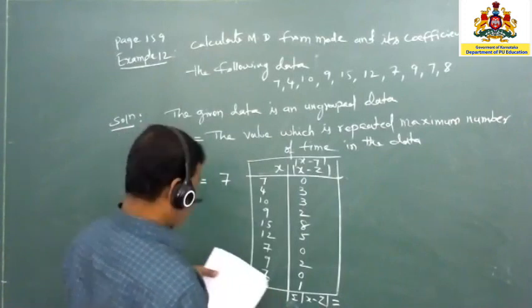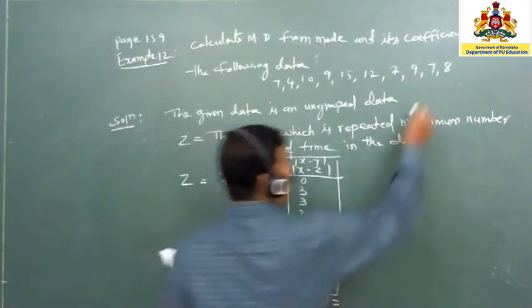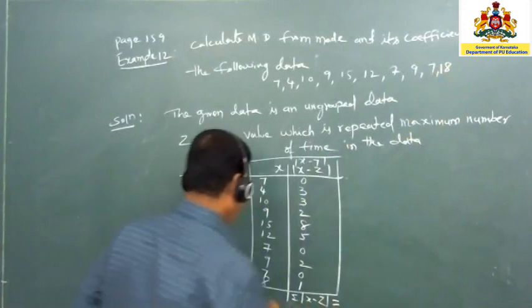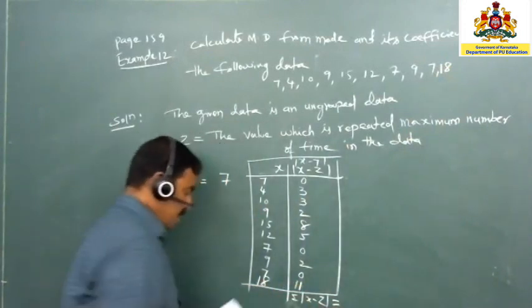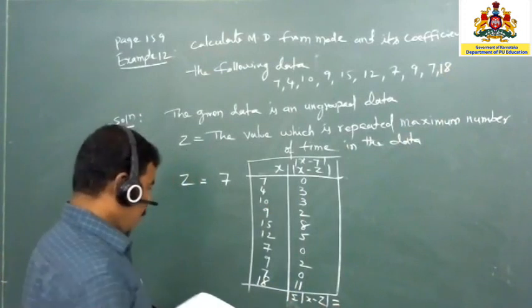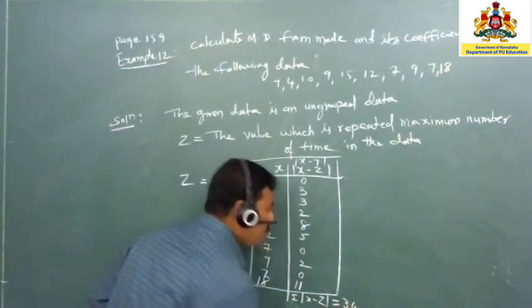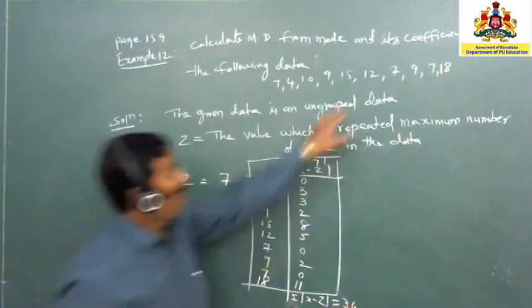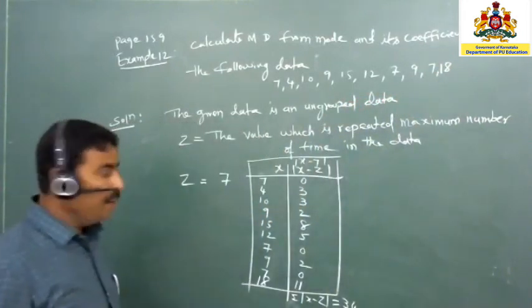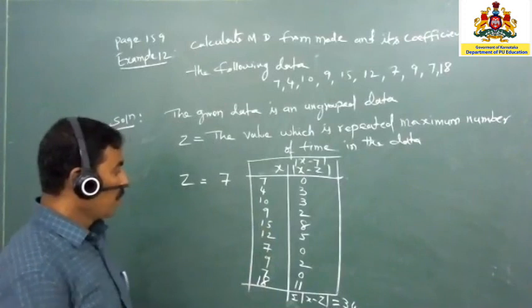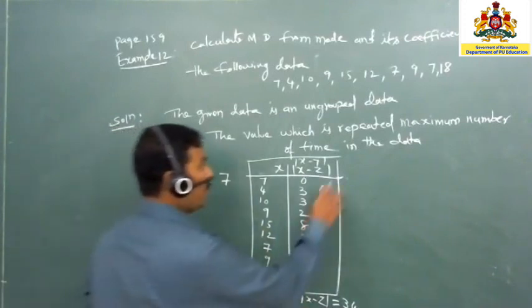The last observation is 18, written as 18. Here also 18. Here 11. Total is 34. So the data given to us is not 8, it is 18. So according to that, you will get the deviation as 34.